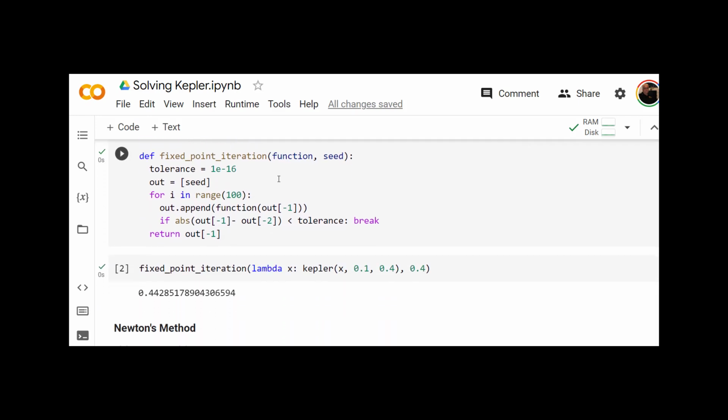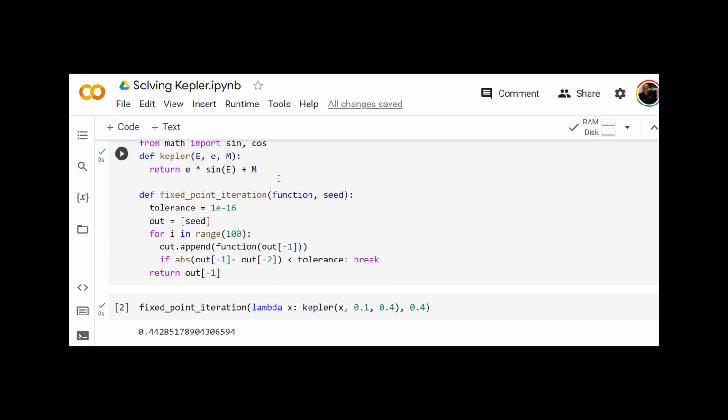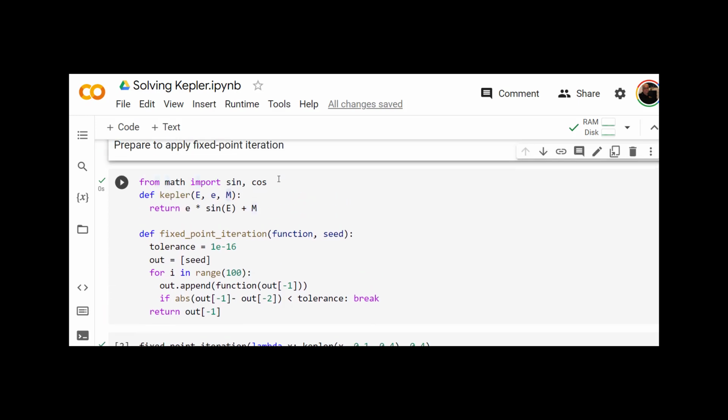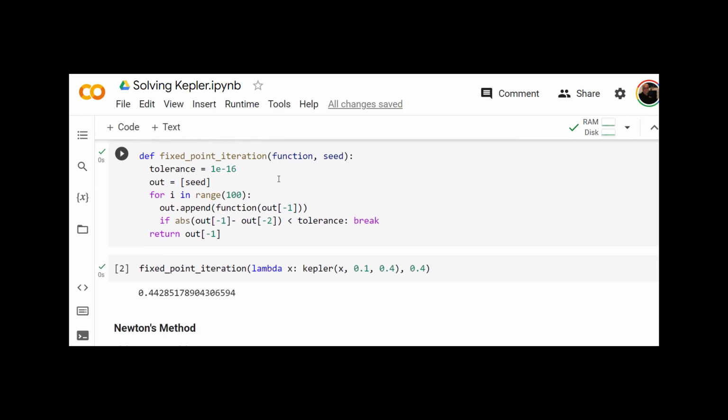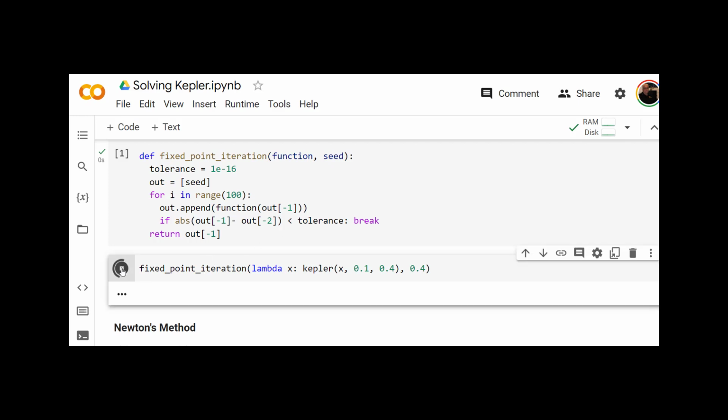And then I have a program set up here to run it through fixed point iteration. If you want to try this yourself, you can pause right now and type this, okay? And so I've got my fixed point iteration set up to where it'll either go through 100 times or it'll stop if it gets our 16 decimal places of tolerance. And so I do run through it, and this is the answer I get.